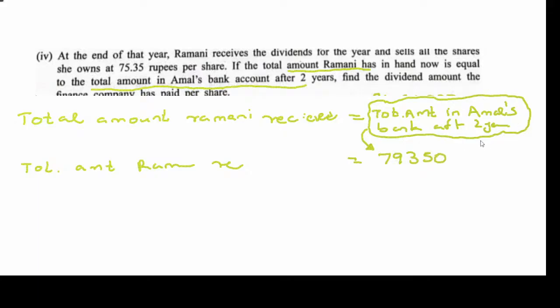So how is Ramani getting this 79,350? To get this 79,350, two components are getting together. What are the two components?